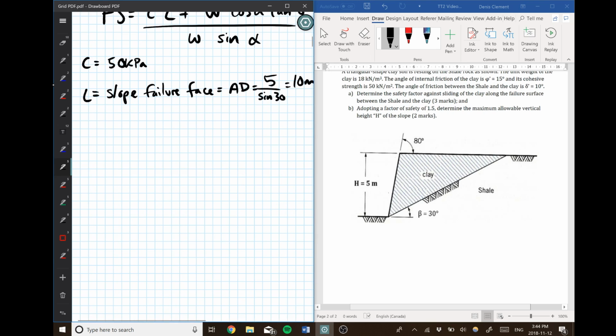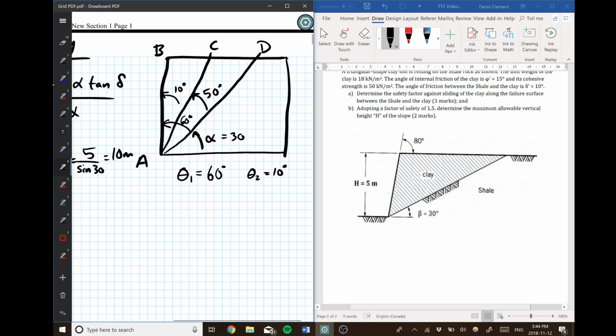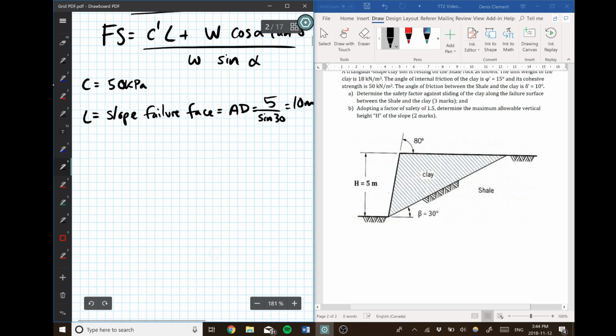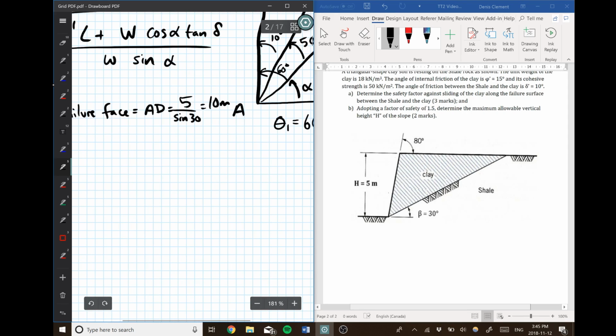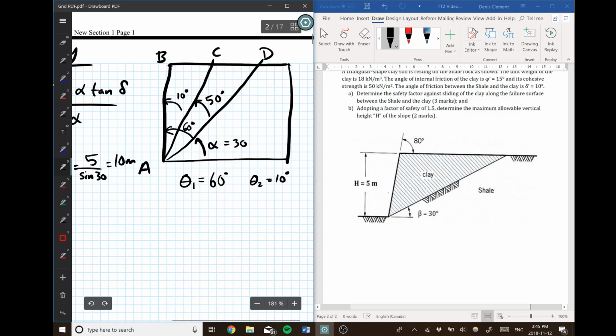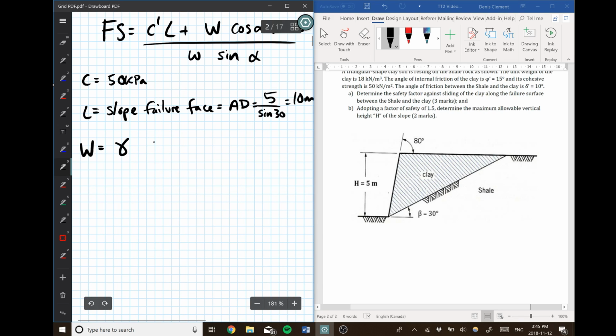Our W is going to be the unit weight times the area of ACD, this triangle.